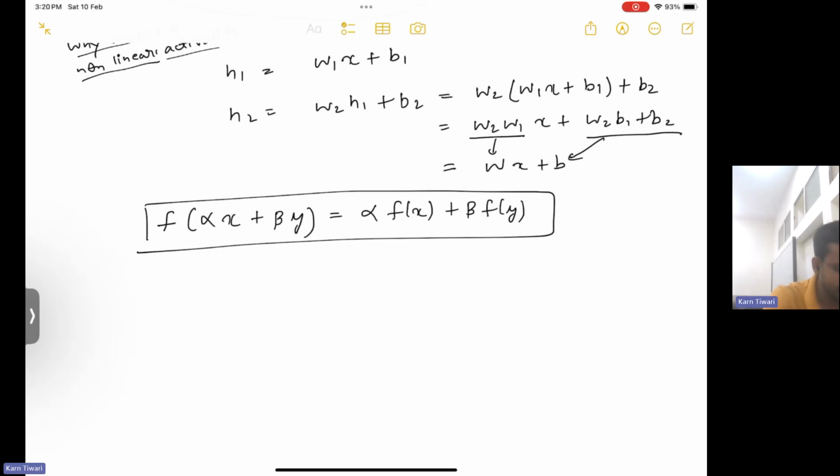Then f of alpha x plus beta y is equal to alpha f of x plus beta f of y. This is what a linear function is. But in the neural network, we don't want this to be satisfied. Otherwise, it will approximate only linear functions, not nonlinearity, because we want to approximate any kind of function.